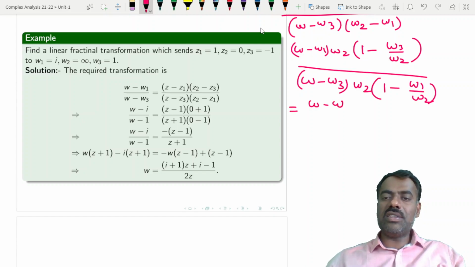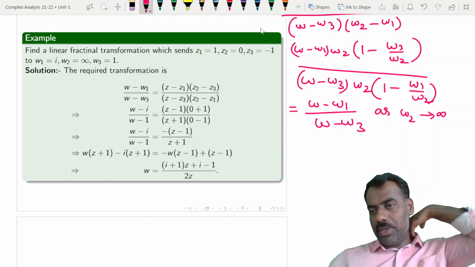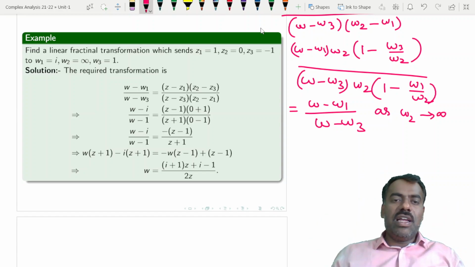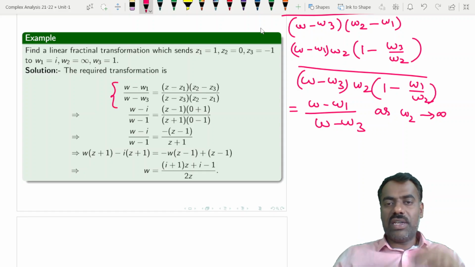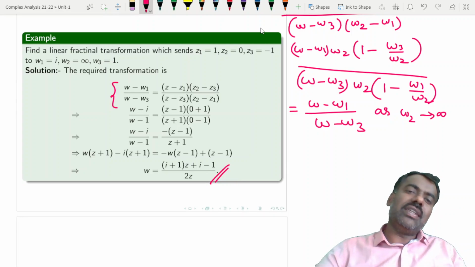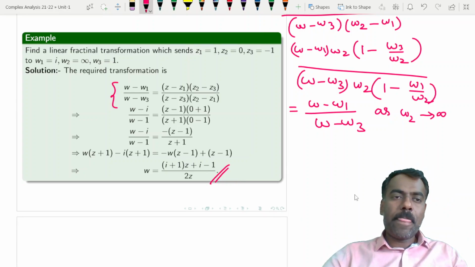What remains is (w minus w1) upon (w minus w3) as w2 tends to infinity. Therefore, for that linear transformation, on the left hand side you have only this, and on the right hand side we have all these three terms. Simplify and you will get this. That simplification you can do on your own. It is not a difficult one.